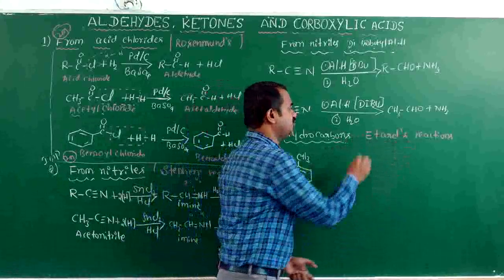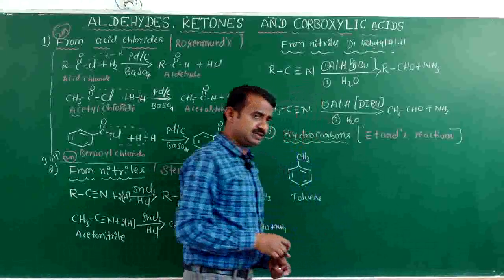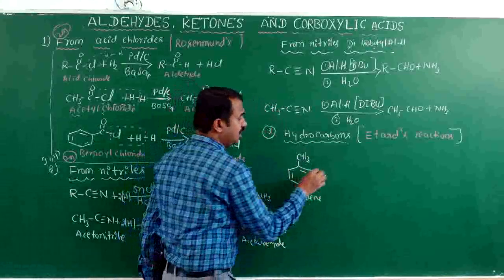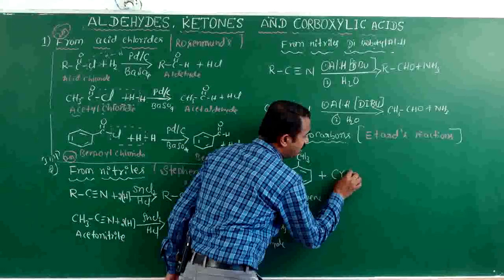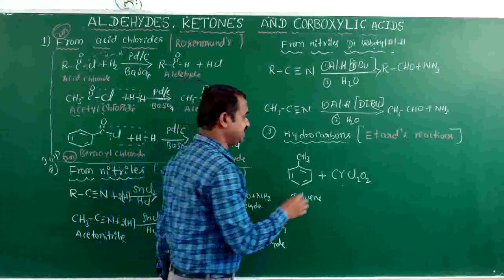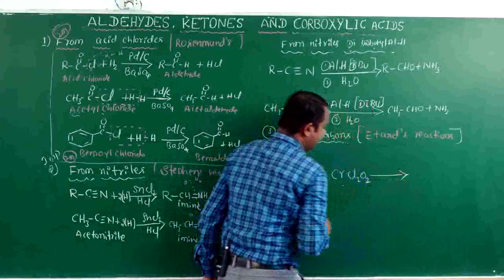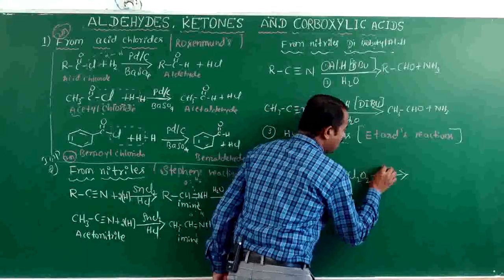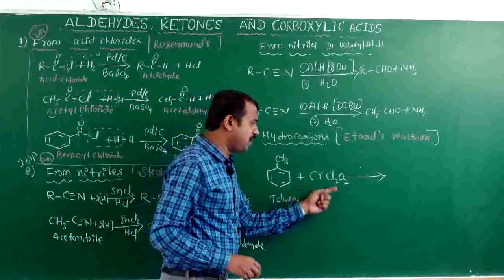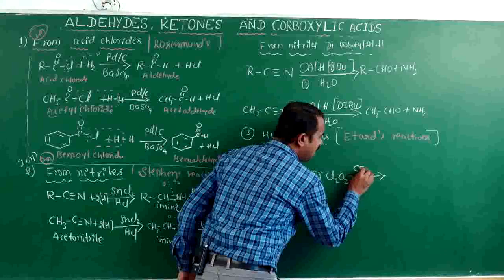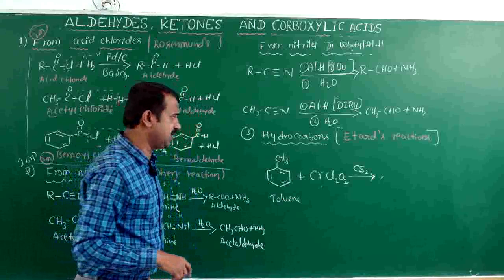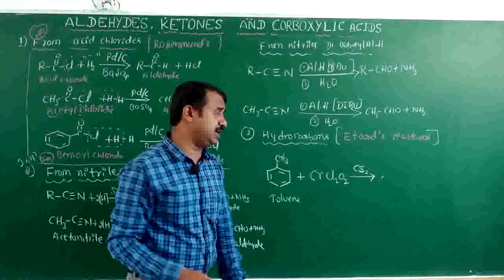Explain Etard reaction. When toluene reacts with chromyl chloride, CrO2Cl2, which is an oxidizing agent, in presence of carbon disulfide as a solvent, it forms an intermediate product.